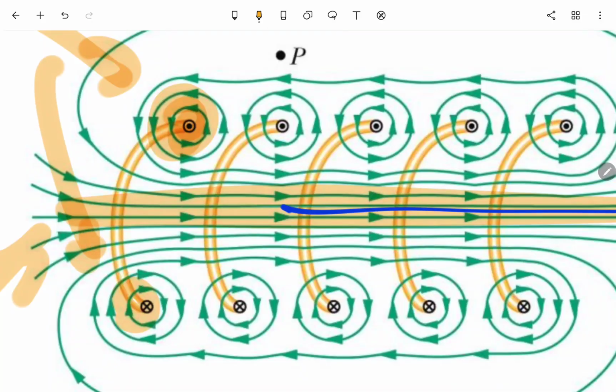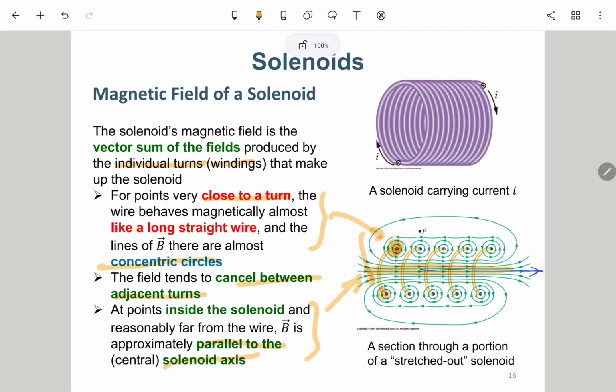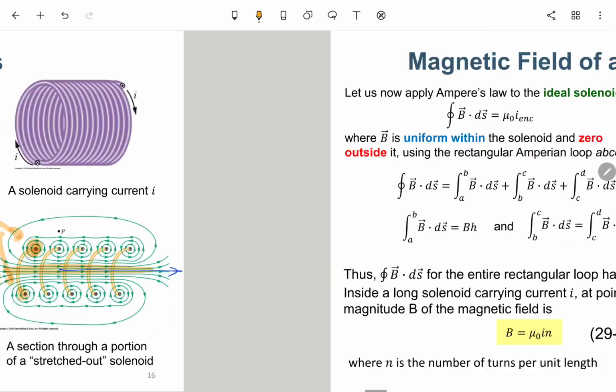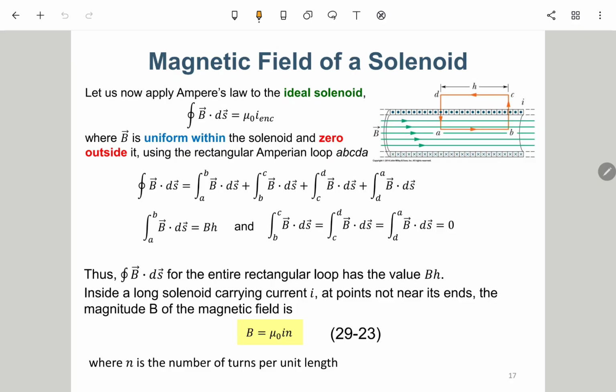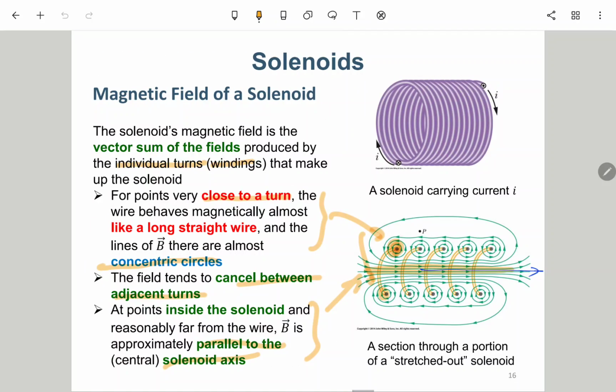And for the middle part, you use your fingers to follow the direction of the loop, and your thumb will be pointing to the right side. So this is how we determine the direction of the B field.